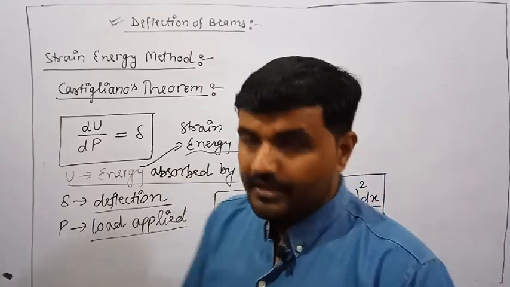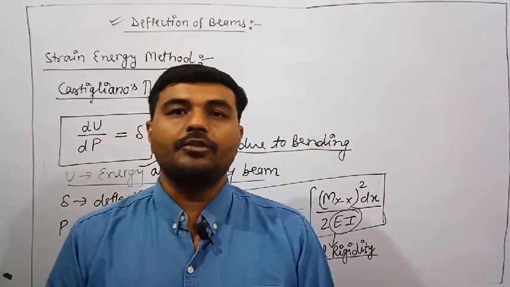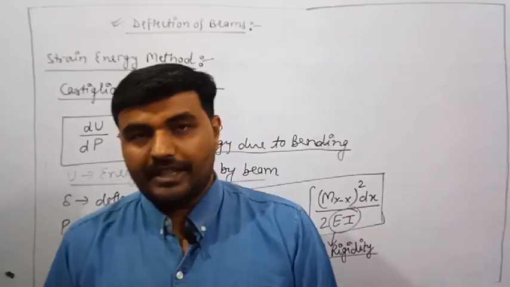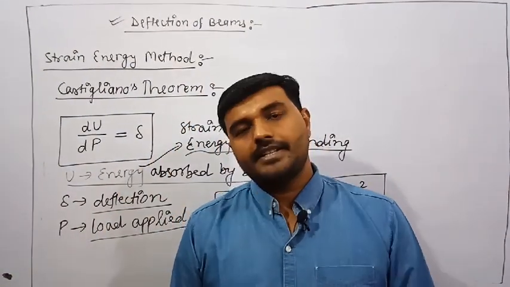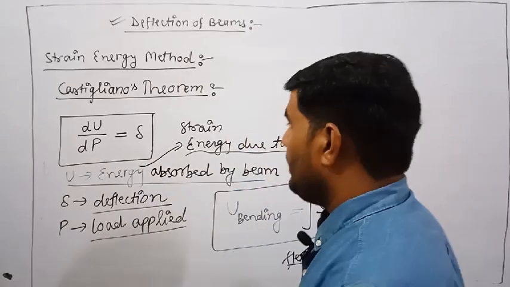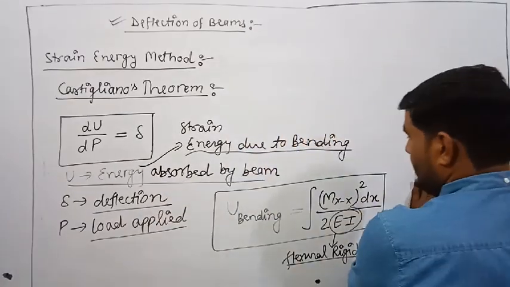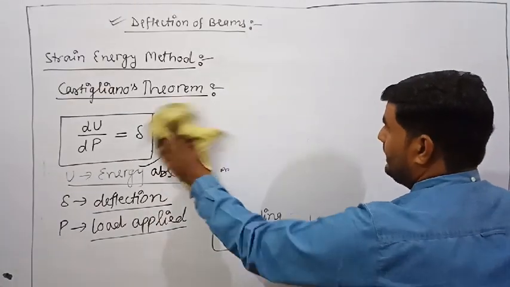So students, here we are taking a problem related to a cantilever beam: to calculate the deflection of a cantilever beam subjected to a point load at its free end. Applying the method of strain energy, we will calculate the deflection.